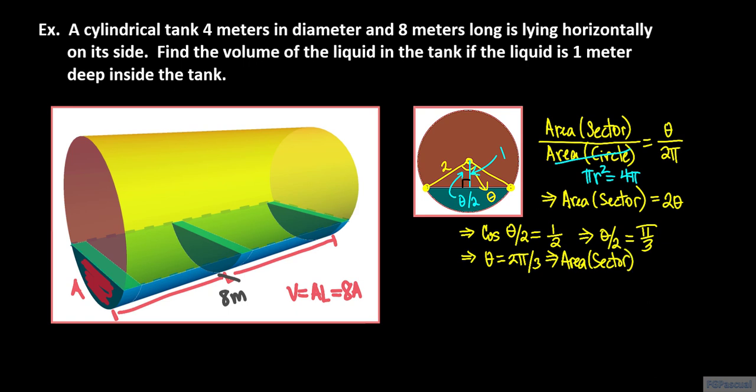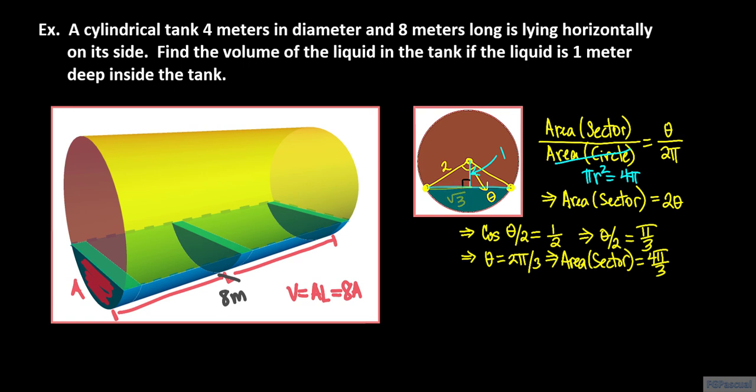This means the area of the sector, which is 2 theta, is 4 pi over 3 square meters. From 4 pi over 3, we subtract the area of the isosceles triangle to get the area of the vertical cross-section. Applying the Pythagorean theorem to the left half of the isosceles triangle, this side must have length square root of 3.